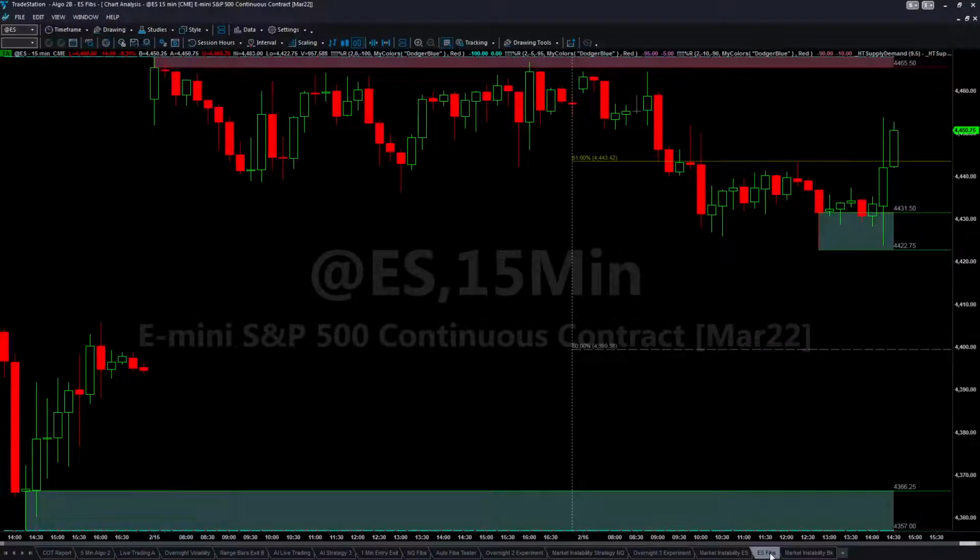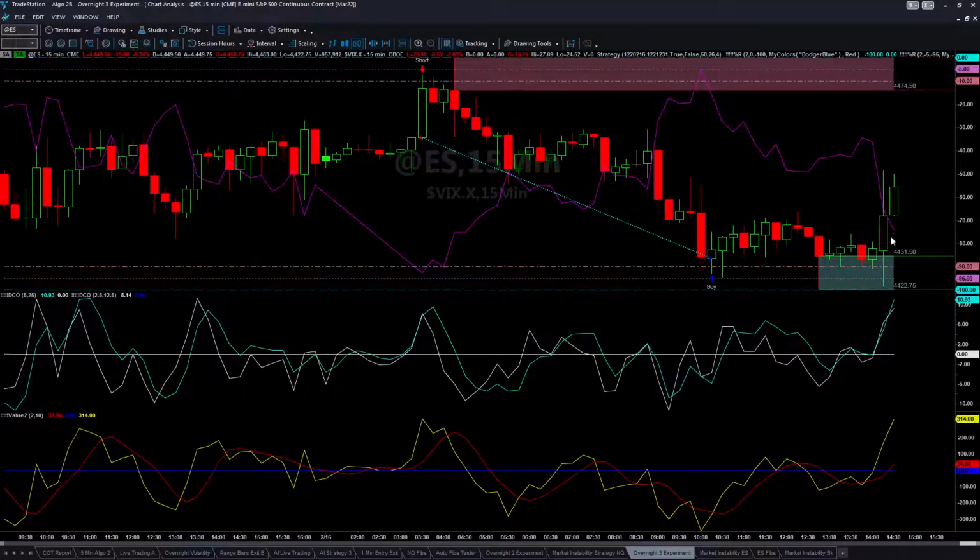Take a peek at the ES. Still holding well. And the overnight is holding off really good. Pretty damn good, actually.